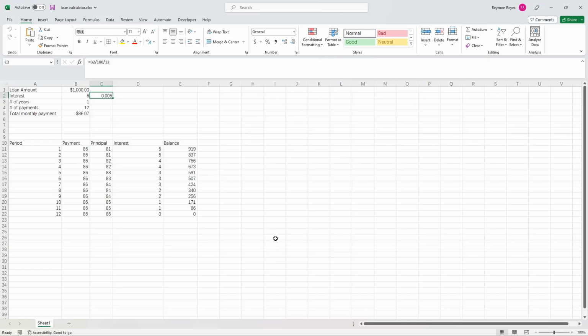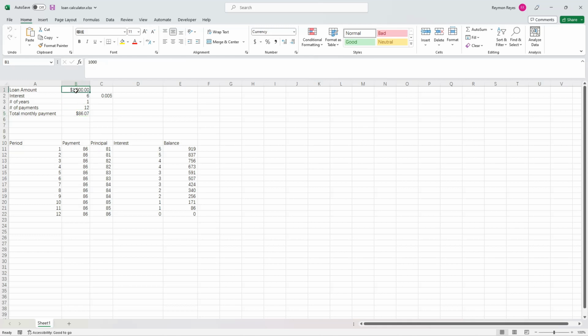Here is our Excel. This will serve as our template for us to understand how things work with loan amortizations. Here I've created a basic Excel file that would show us how the different parts of a loan amortization work.